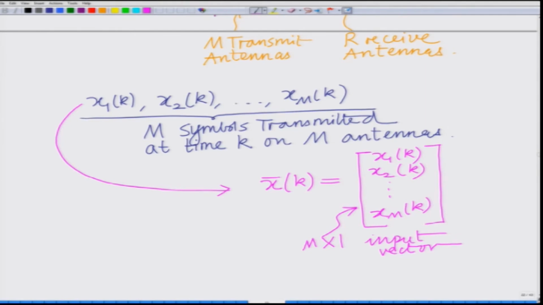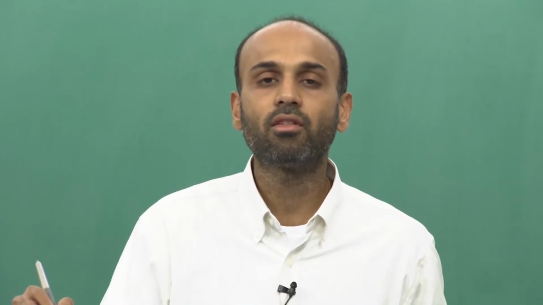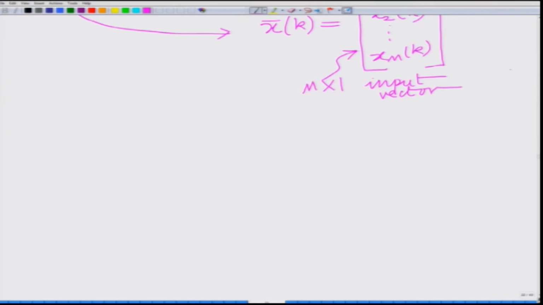So, x1k, x2k, xmk are the m symbols transmitted from the m transmit antennas. Naturally, y1k, y2k, yrk are the r received symbols on the r receive antennas. Since we have multiple receive antennas, we will have multiple received symbols.